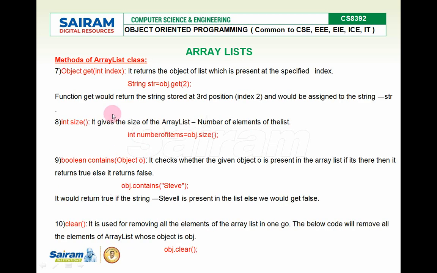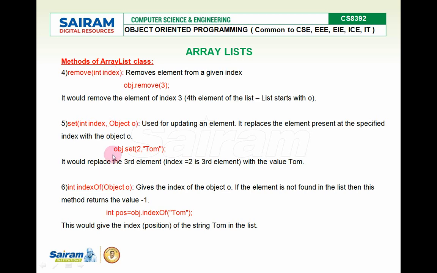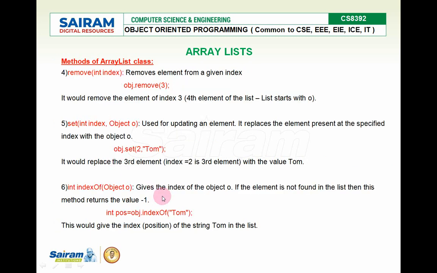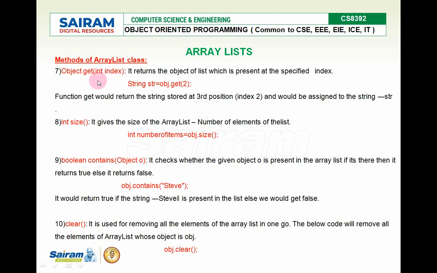And the next method is Object get(int index). In the previous example you gave the object and got the index value. Here you give the index and get the object as the return type. See the example, obj.get(2).